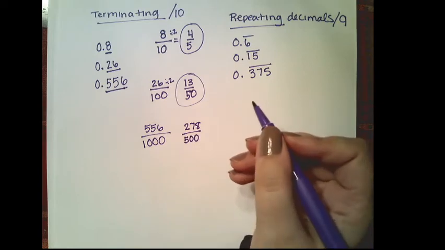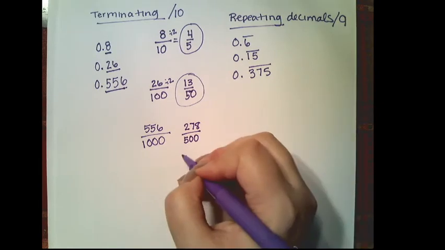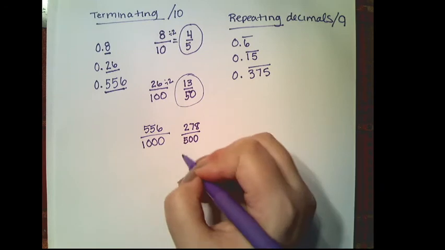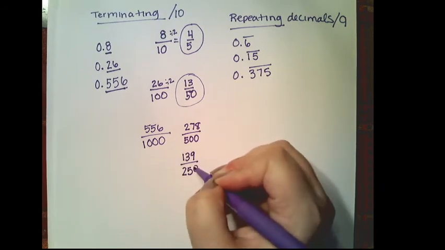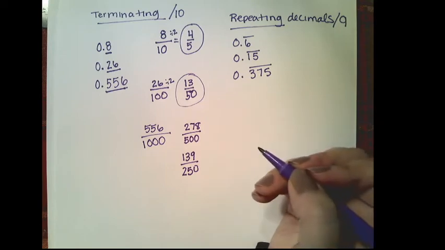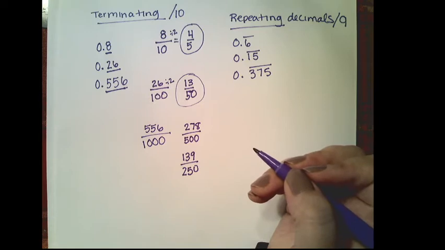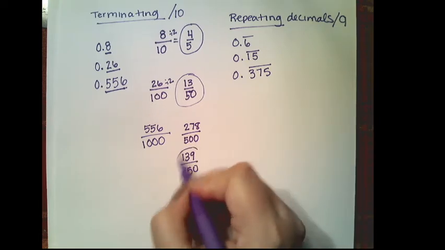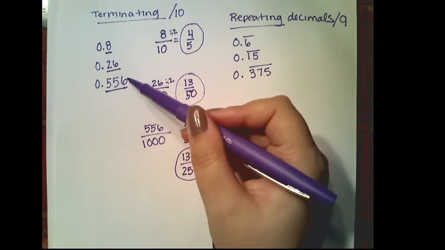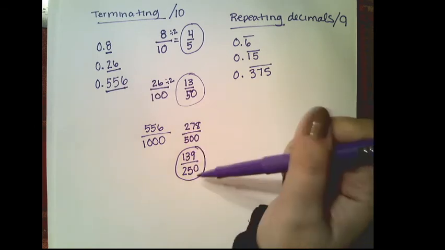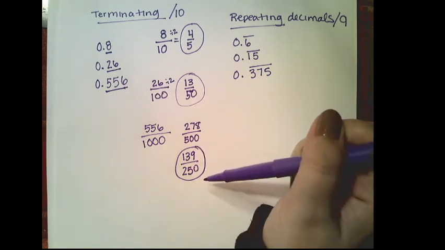I can probably divide that by 2 again. I have 139 out of 250. And I think that's it. Let me double check on my calculator. Yep, that's as small as we can go. So 0.556 is 139 out of 250.